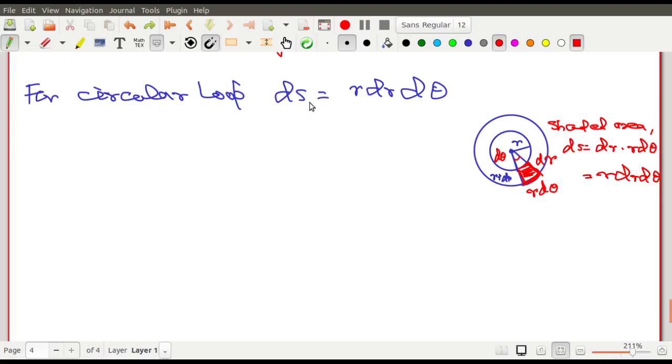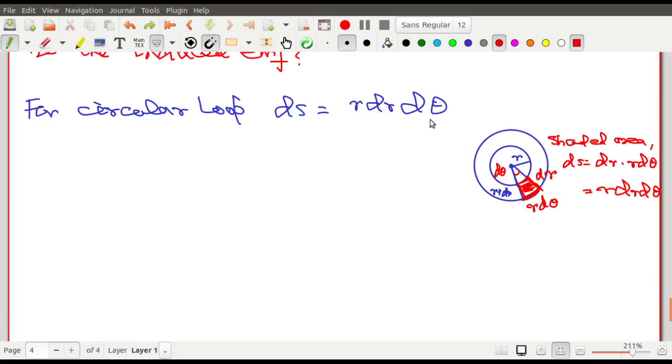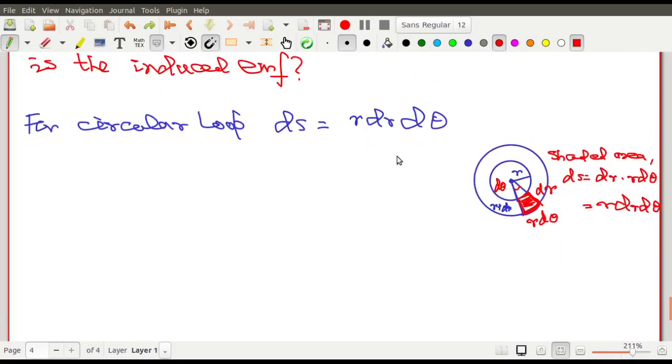So this is the area of the circular loop, that is r dr into d theta. Fine. So if you know the area, from the area you can definitely find out the magnetic field, which I am trying to do next.